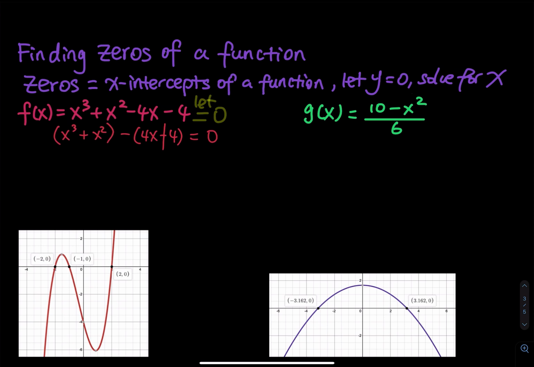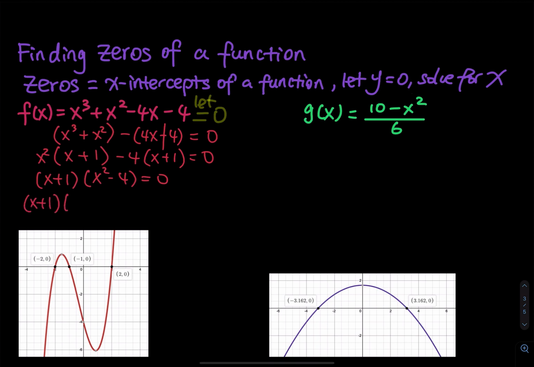So you factor x squared out, and then this is x plus 1 minus 4, and then I have another x plus 1. And then you factor out the x plus 1. You have x squared minus 4 equals 0, and then you have x plus 1, x minus 2, and x plus 2 equals 0. So that's how you get x equals -1, x equals 2, and x equals -2.